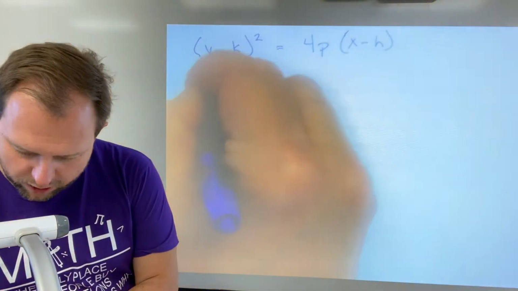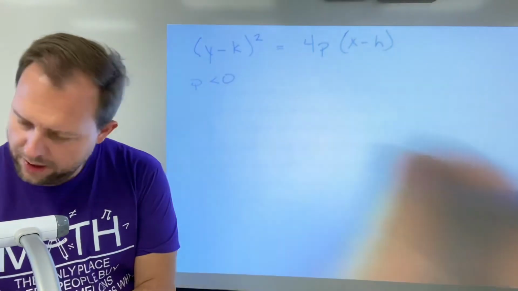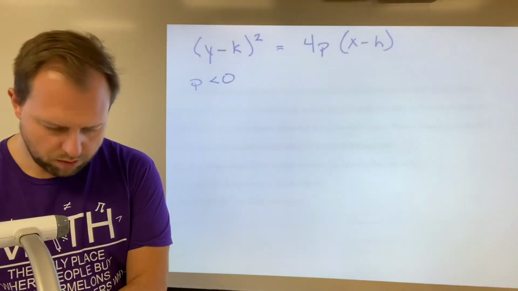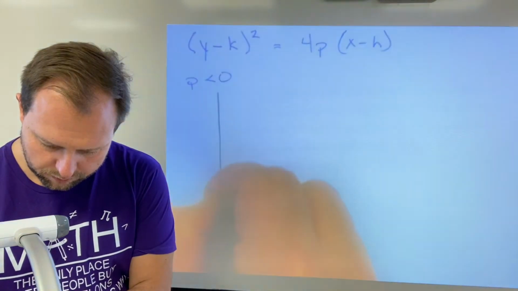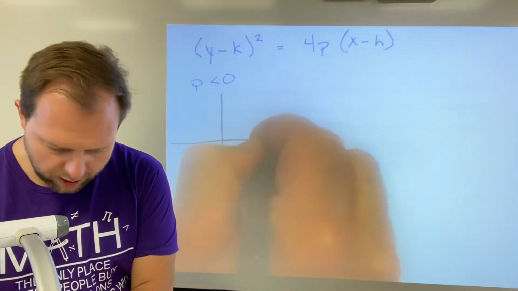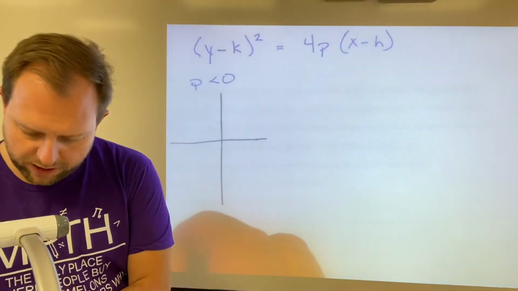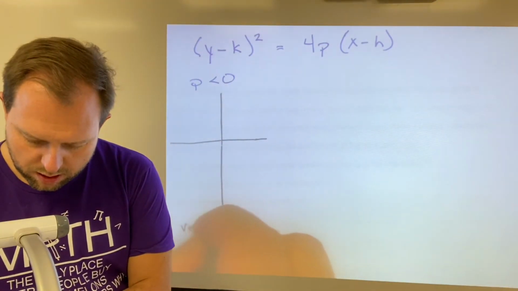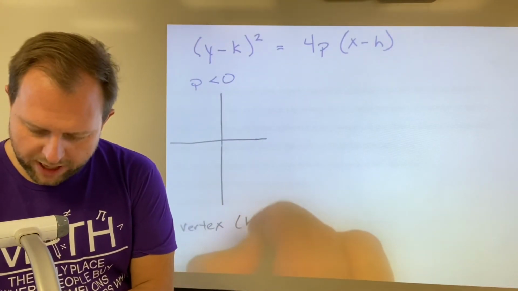If p is greater than 0, then we end up with a drawing. Our vertex is still going to be h comma k.